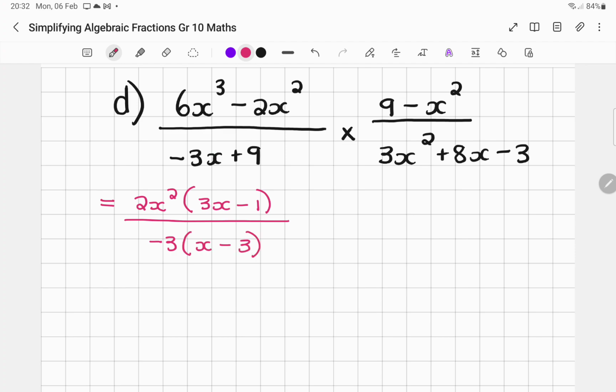So negative 3x divided by negative 3 is a positive x, and a 9 divided by negative 3 gives you a negative 3. Times, at the top here, let's make it a difference of 2 perfect squares, 3 minus x, 3 plus x. Okay, so as you can see, we're used to having the x squared first, but now the 9 is first. Doesn't matter.